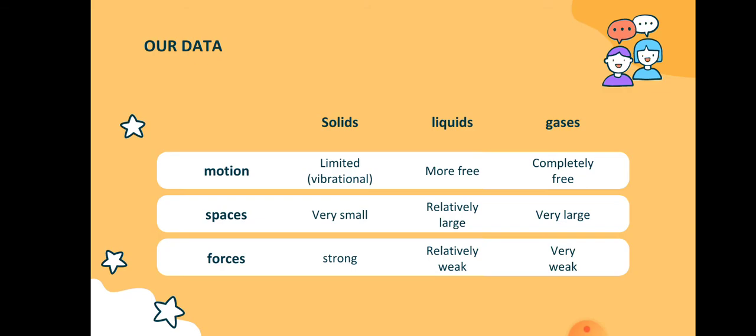We can make a comparison between solid, liquid, and gas according to the properties of the molecule. First, the motion in the solid is limited or vibrational motion, the motion in the liquid state is more free, but the motion in the gas is completely free. According to intermolecular spaces, the intermolecular spaces in the solid state are very small, in liquids they are relatively large, and among the molecules of gases they are very large.